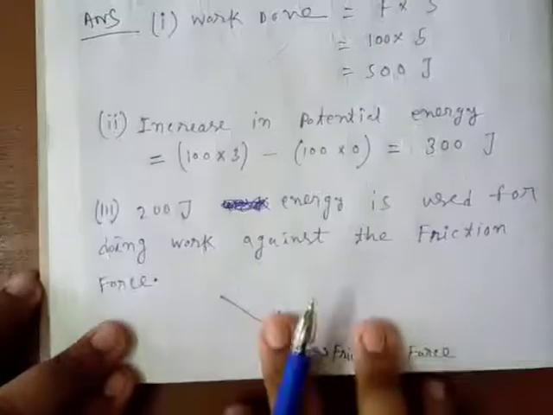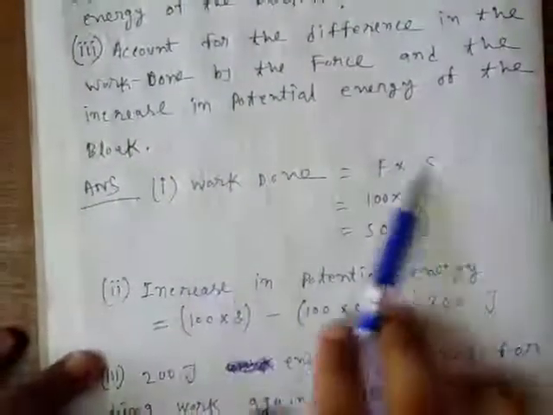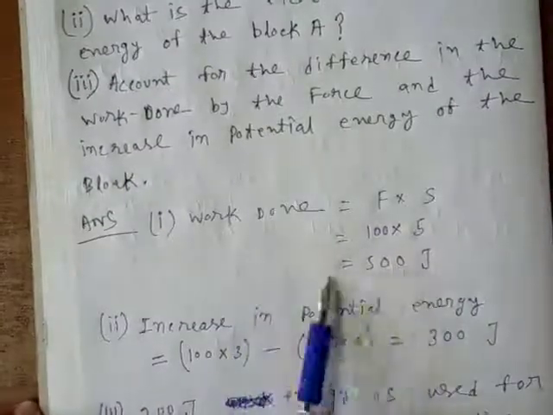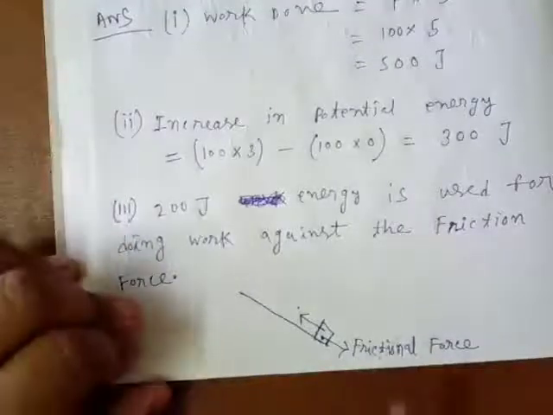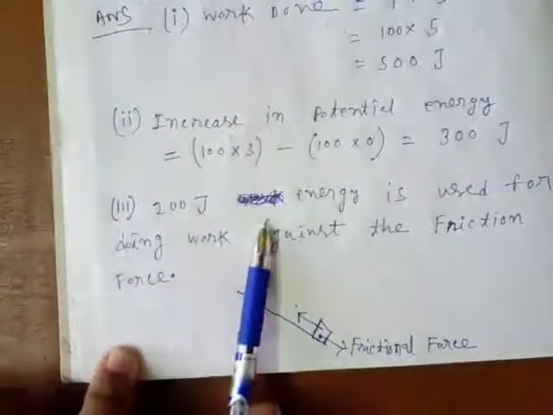So if we calculate the resultant work done, then the work done by the applied force is 500 joule and the work done by the frictional force is some negative value, that is obviously equal to 200 joule.